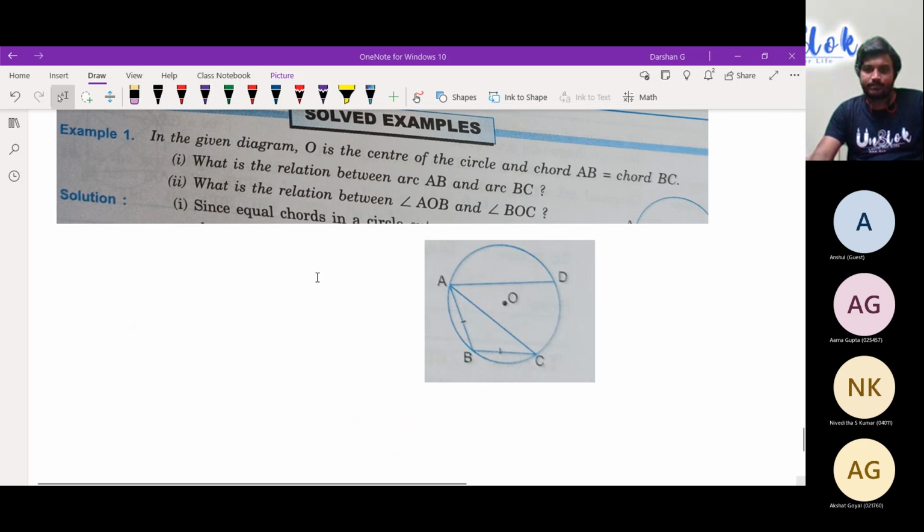Be faster. Equal chords. We have equal chords here.